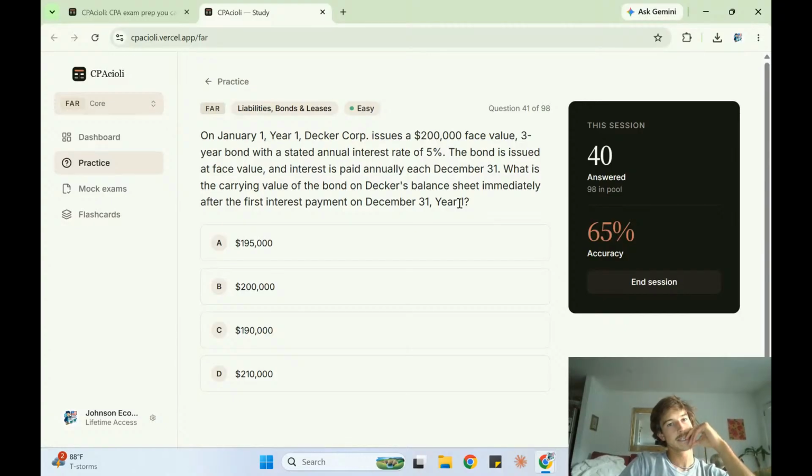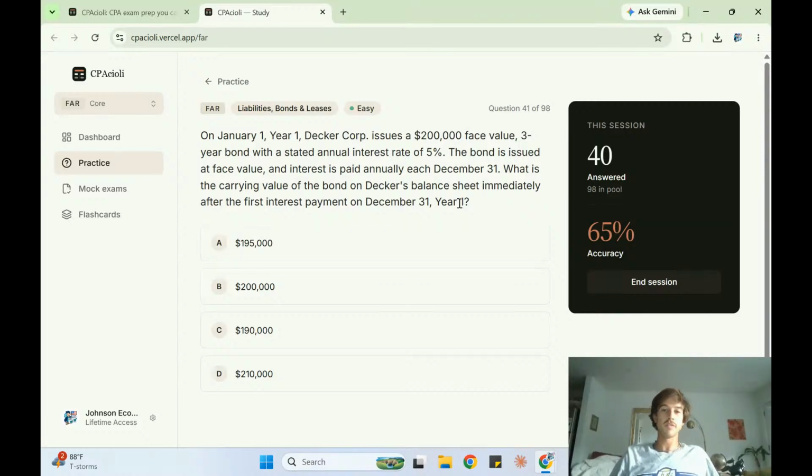Okay, what's the carrying value immediately after the first interest payment? 3-year bond, stated annual interest rate of 5%.